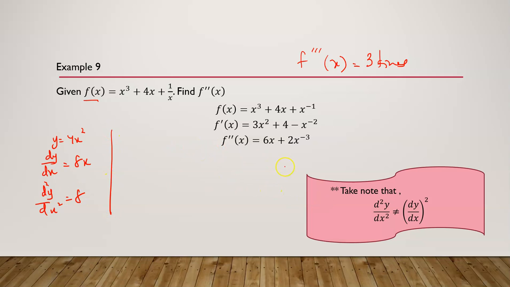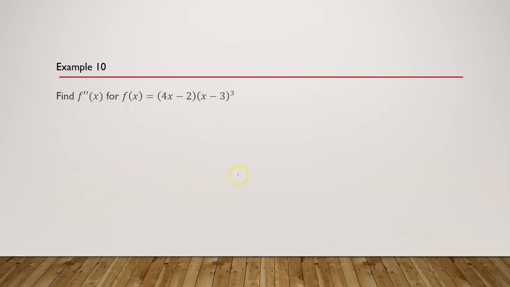But (dy over dx) squared is you square this 8x, so is 64x squared. So this is not equal, it's different. You square it.